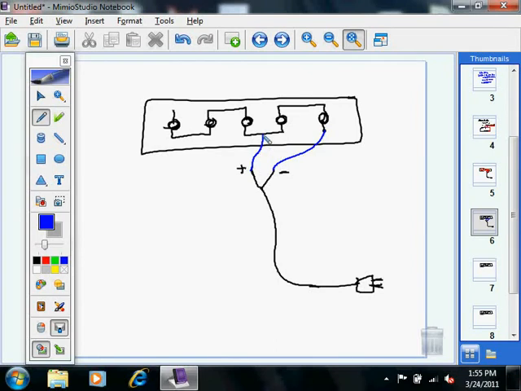So basically, the positive charge flow is going to go through here, come around and go through there, but it's going to have to share all the energy, okay?